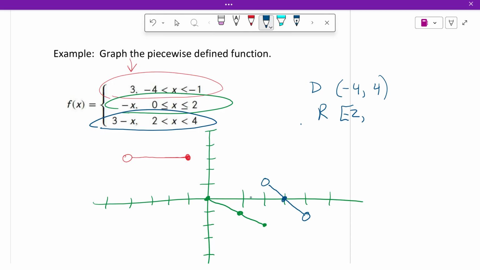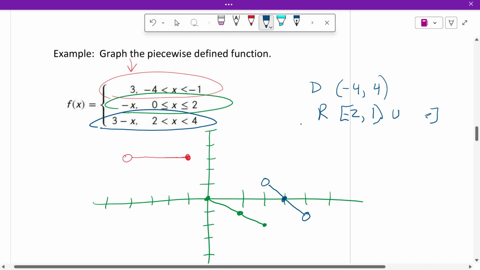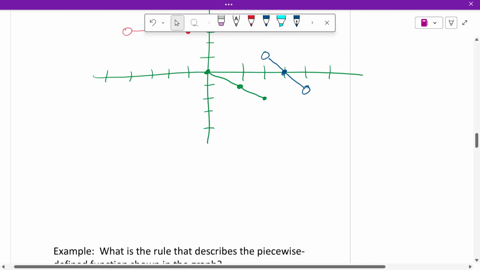So we're solid until 1, which is an open circle. And then we're solid at 3 to 3. Not -3, 3. Okay?